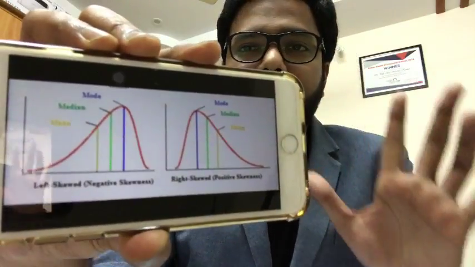They can ask you a question pertaining to this. They'll give you some set of observations and ask whether the distribution is positively skewed or negatively skewed. For that, you need to calculate the mean and median or mode if possible for that set of observations. Based on the magnitude of the values, whether the mean is less than or greater than mode or median, you can say whether the distribution is positively or negatively skewed.